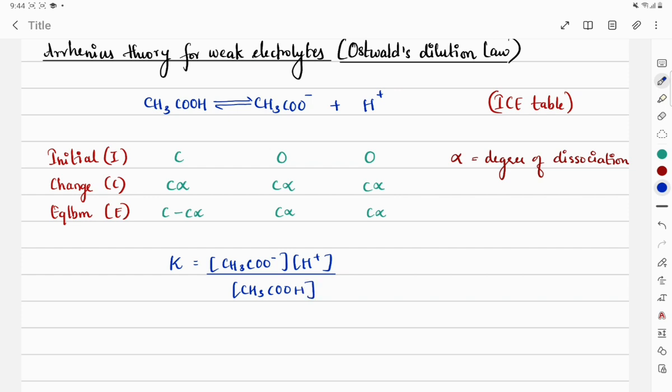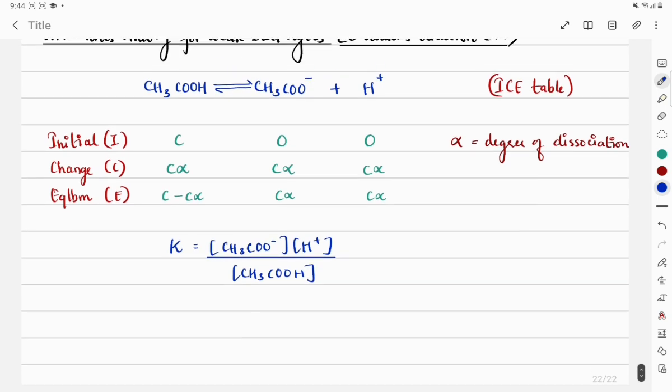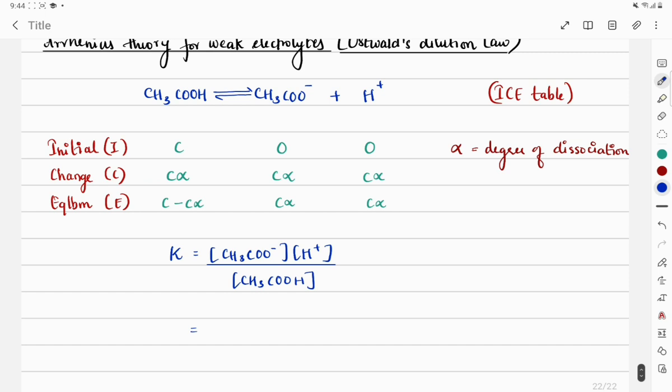Now from the ICE table we know the concentration of all of these, so we can replace them. The concentration of CH3COO minus is C alpha. For H plus also it is C alpha, and in the denominator for acetic acid it is C minus C alpha.